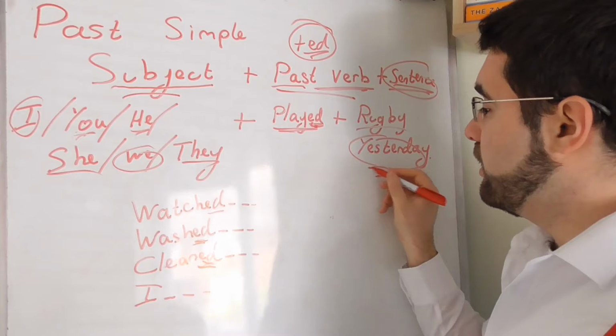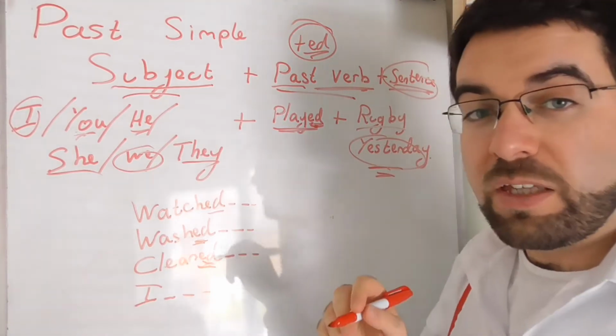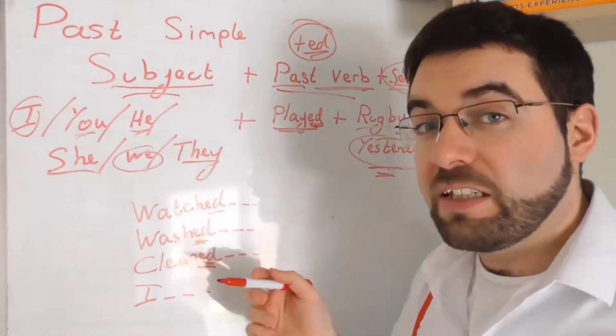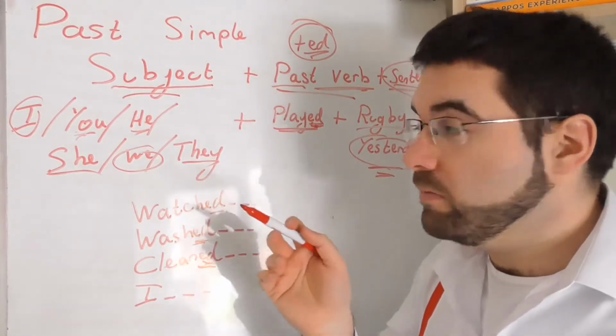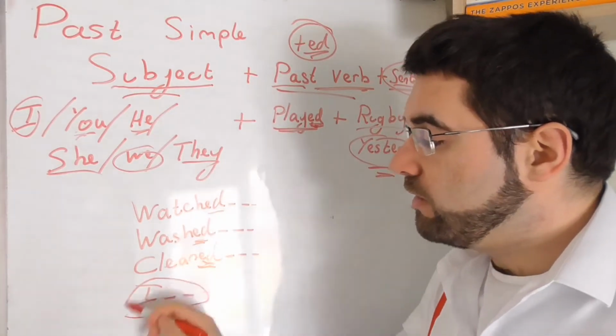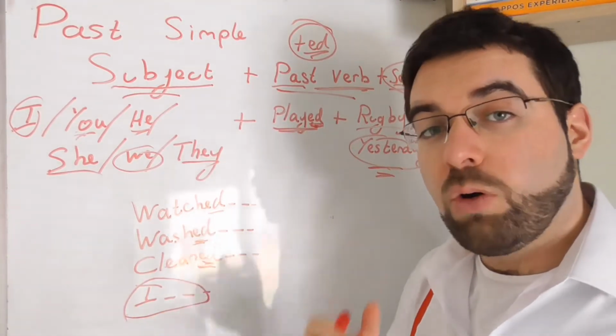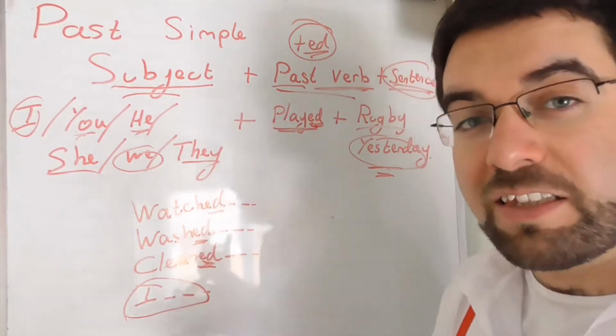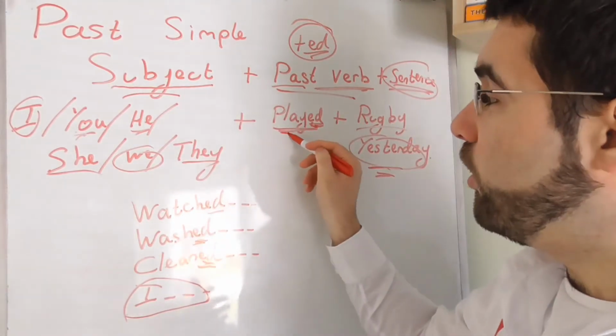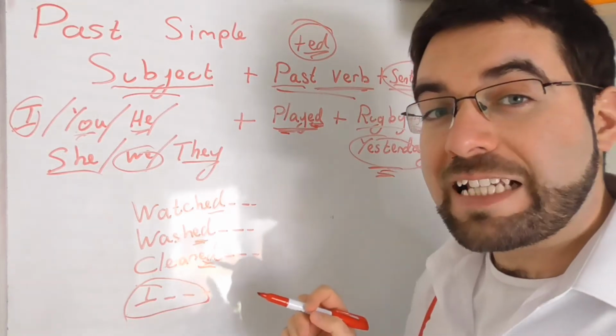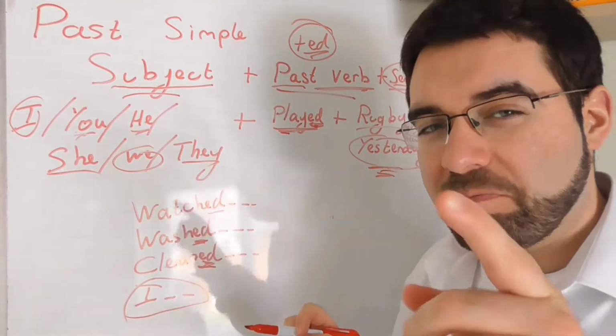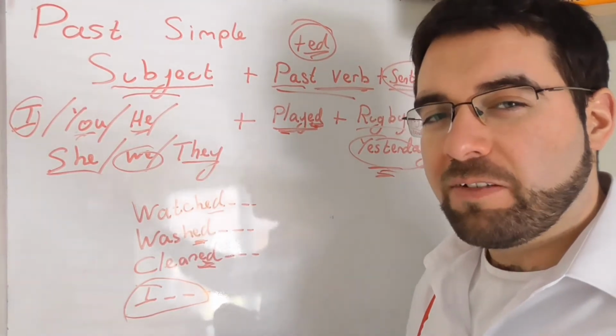Normally when it happened. Yesterday, last night, last week, things like that. Or recently, or just before. So I recorded this video on a Saturday. Recorded on Saturday. How cool is that? Let's keep going.